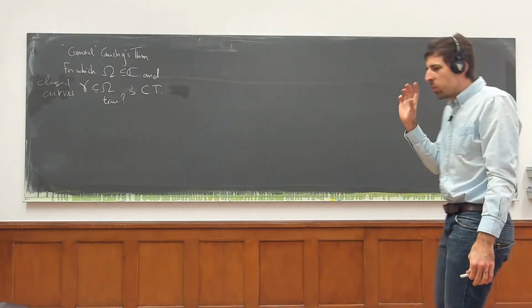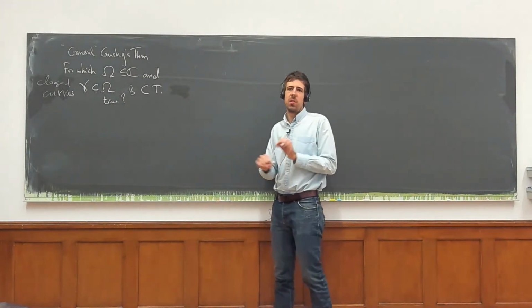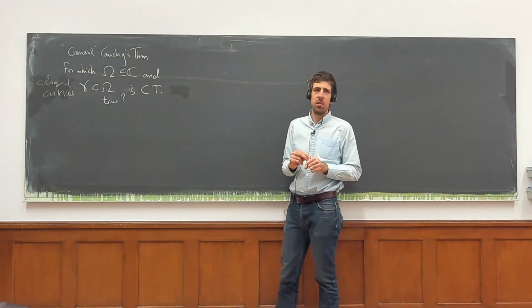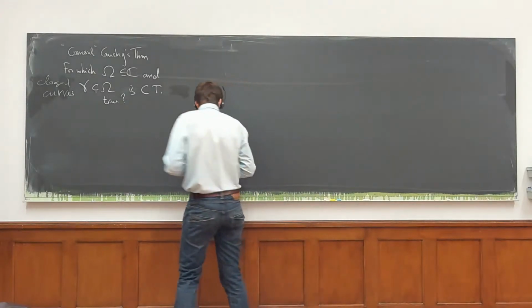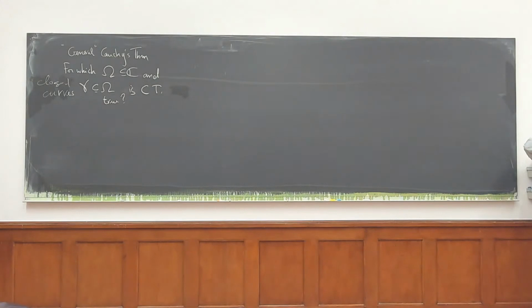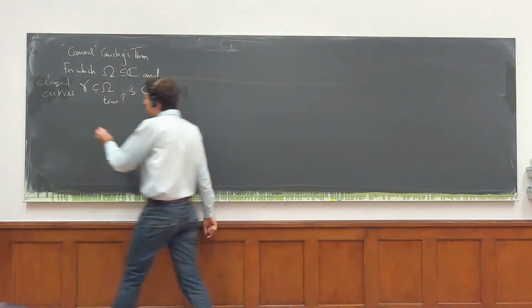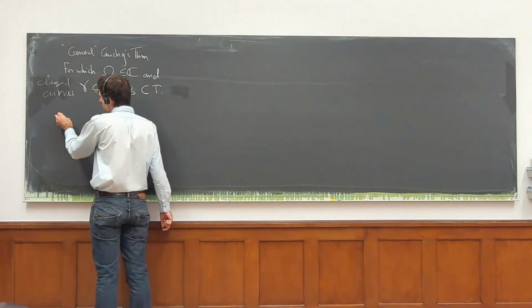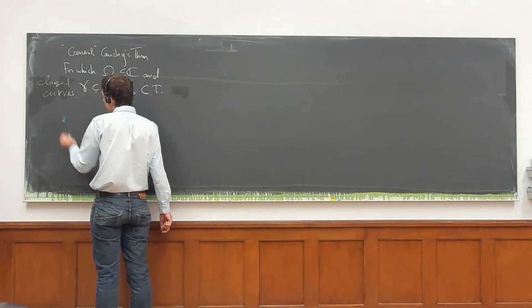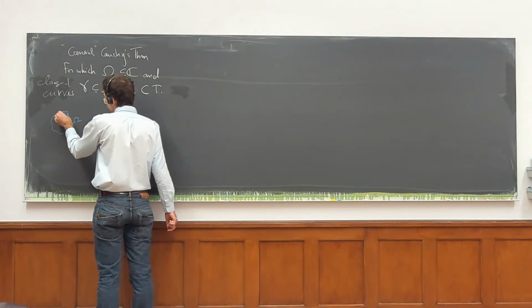To understand regularity of complex functions and very local properties, we don't actually need this. Our strategy so far has been that we know Cauchy's theorem is true for a disk. So every time we want to study local properties, we just zoom in. If there's some z in omega, whatever omega looks like, we just zoom in to a disk around z.